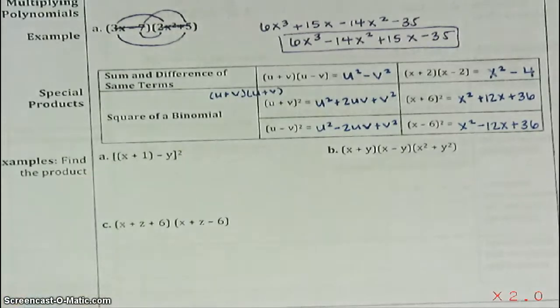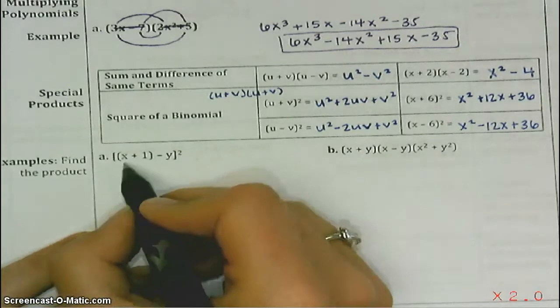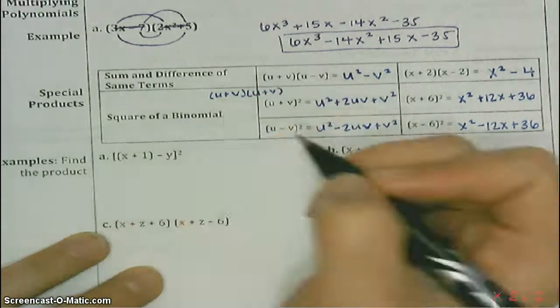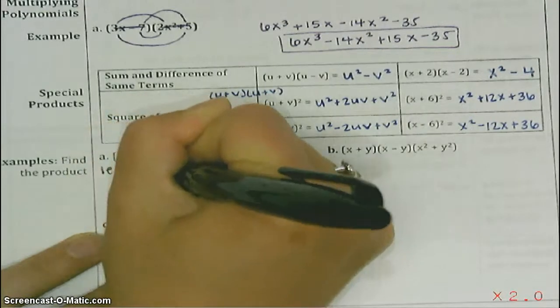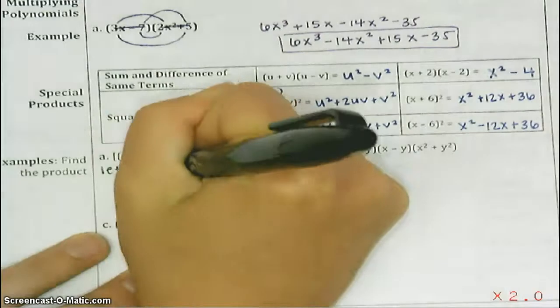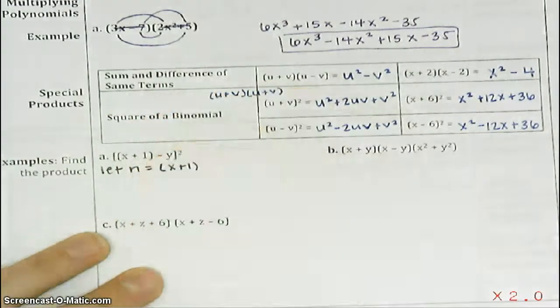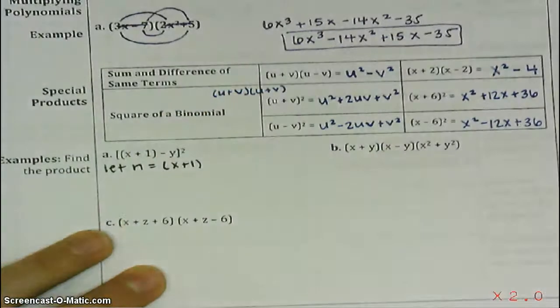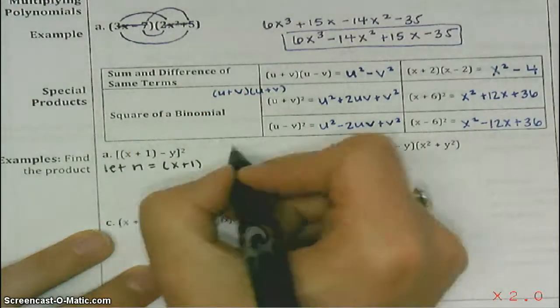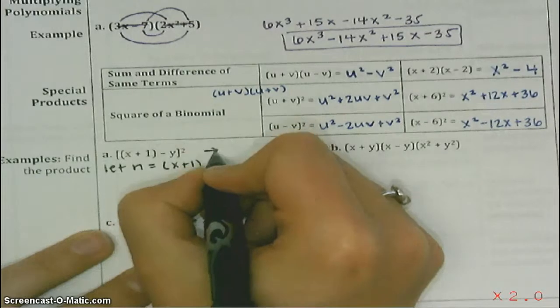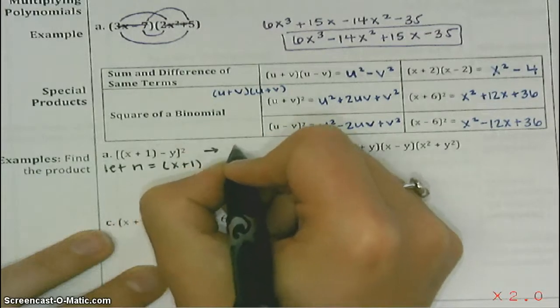Now, I might not quite know how to go ahead and FOIL this, so instead of seeing it as x plus 1 minus y, I'm going to go ahead and substitute in n for x plus 1, all right? Just so I can see it a little bit better. So really, I'm just going to take x plus 1, and I'm just going to replace it so that instead of x plus 1, it says n.